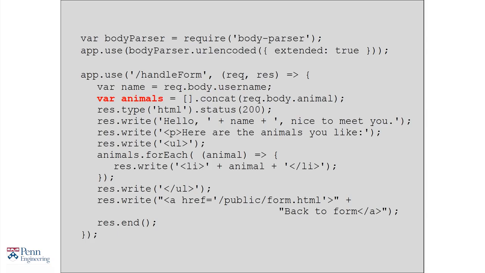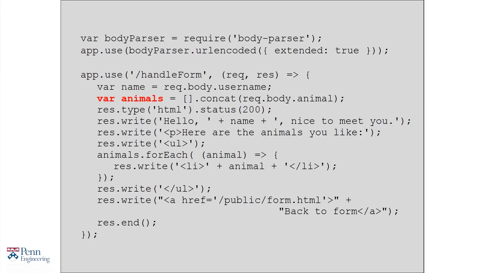We'll also have a variable called animals, which we want to be an array of the animals that the user clicked from the checkboxes. One of the tricks or properties that we need to work around is that the animal property in the body of the request will be a single value if the user only selected one checkbox, but will be an array if they select more than one. And we want this to be an array no matter what.